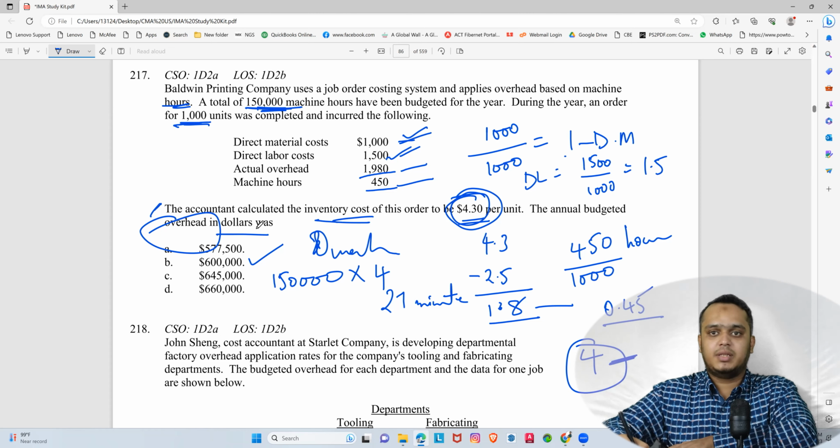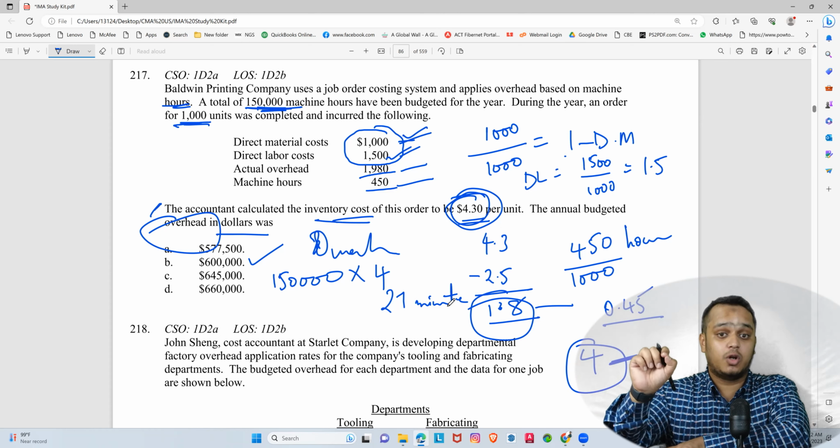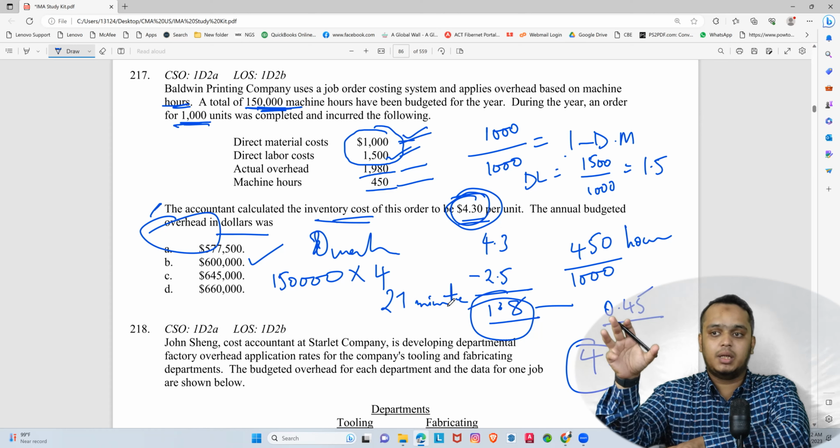So if I just do this once again, what did I do first? I took these costs, 1,000 and 1,500. This is my direct cost, which is not my overhead. And then I removed it from per unit. I got 1.8 as my per unit overhead cost. Now in one unit, I'm able to make it in 0.45 hours, which is 27 minutes.